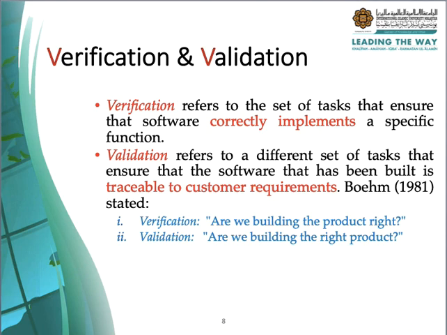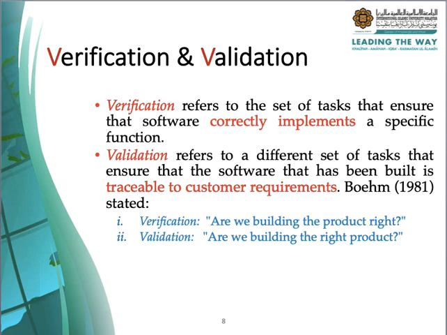Validation refers to a different set of tasks that ensure that the software that has been built is traceable to the customer requirements. So there are two different things here. To see it clearer, verification answers the question, are we building the product right? The second one, validation, refers to, are we building the right product?